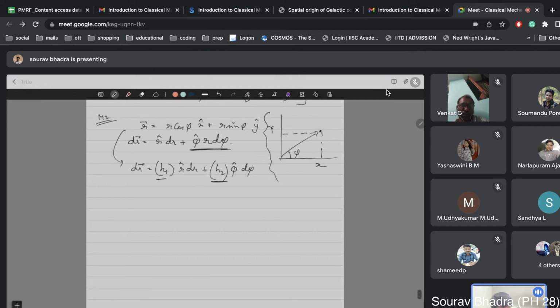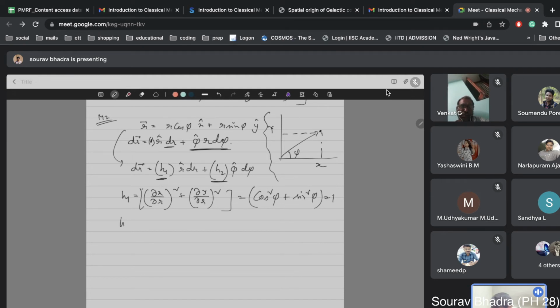For a simple system, this h1 will come from (dx/dr) square plus (dy/dr) square. If you do this, you will find that it will be cos square phi plus sin square phi, which is equal to 1. So h1 is equal to 1, that's why we have not written anything, but 1 is here with this dr component.